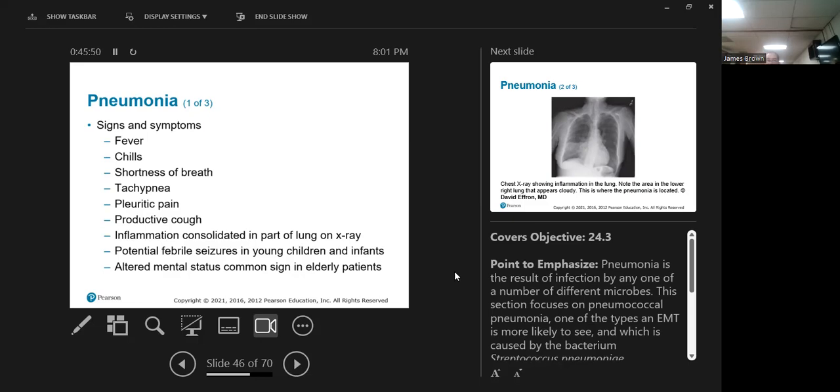Potential febrile seizures in young children and infants. What's a febrile seizure? Oh, I like that you asked. It is literally a child's body saying, nope, this is too much. So then they have a seizure, and by doing that, it causes the body to reset in a sense and actually brings the fever down.